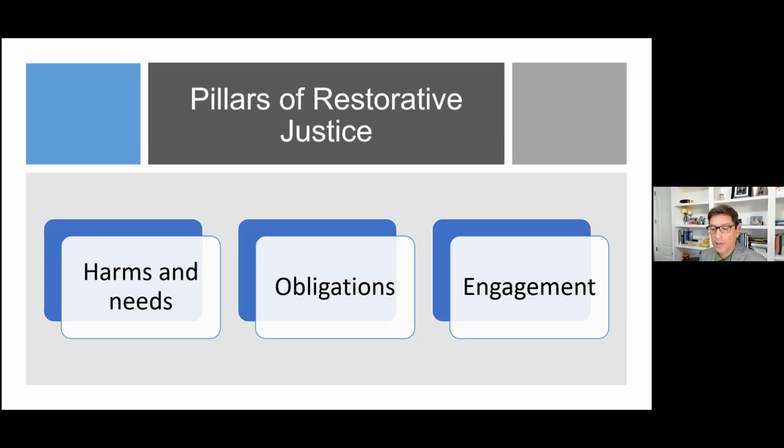Sometimes they want to make it right, and between the victim and the offender, they come up with a plan for reparation. And it's their plan, not our plan. It's their plan. So they come up with that plan.